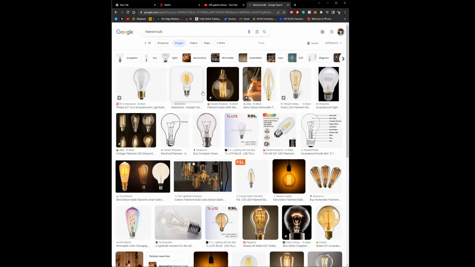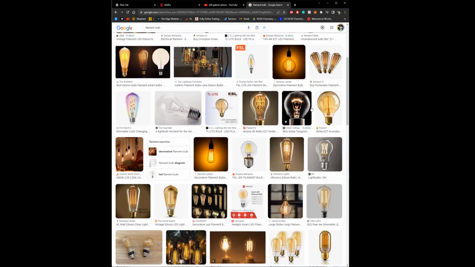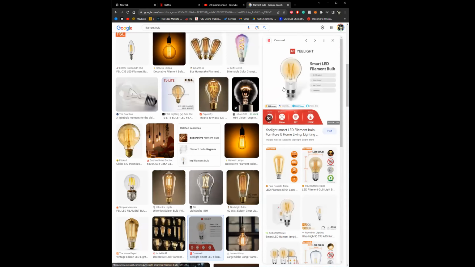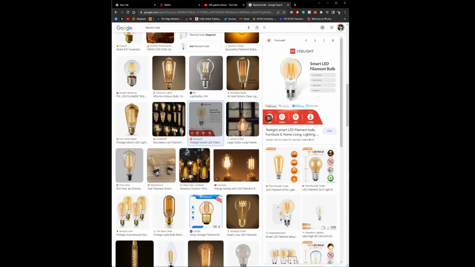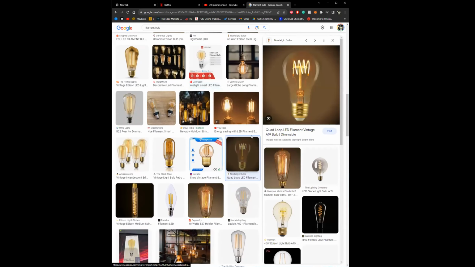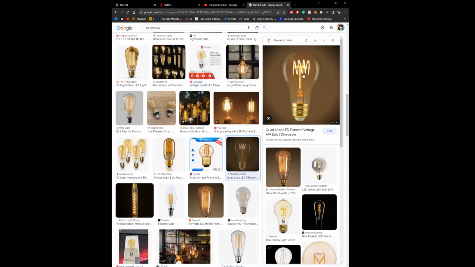No. Dude, there's a filament lamp right above my head. I think. No, it looks like a filament lamp, but inside is LED already. Where's the LED light? I don't believe you. Okay, guys, look at this.